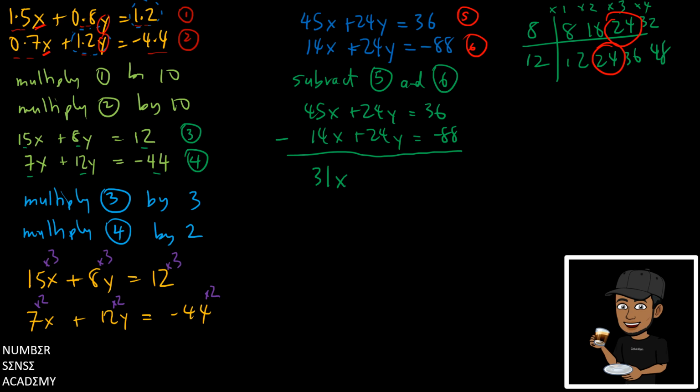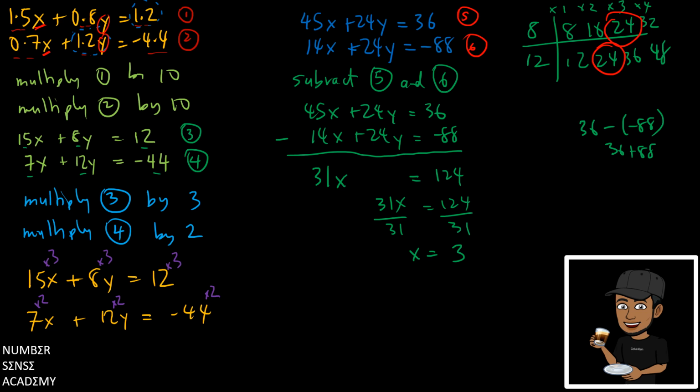Then I have 24y minus 24y, that's going to be 0. And then I have 36 minus negative 88. So that's 36 plus 88. Right? 36 minus negative 88 is 36 plus 88. And that's actually 124. And then I'm going to divide both sides by 31. And lo and behold, x is equal to 3.